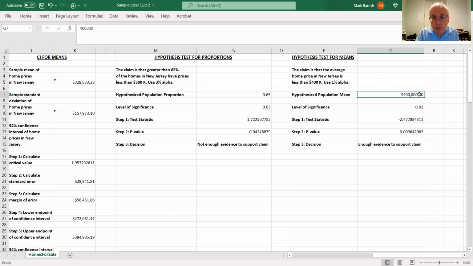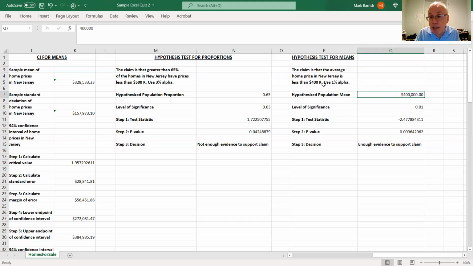So I typed in the hypothesized mean, because in this case, the null hypothesis is that mu, the population mean, is equal to 400,000. And what is the alternative hypothesis? Well, it says less than. So mu is less than $400,000. Okay?